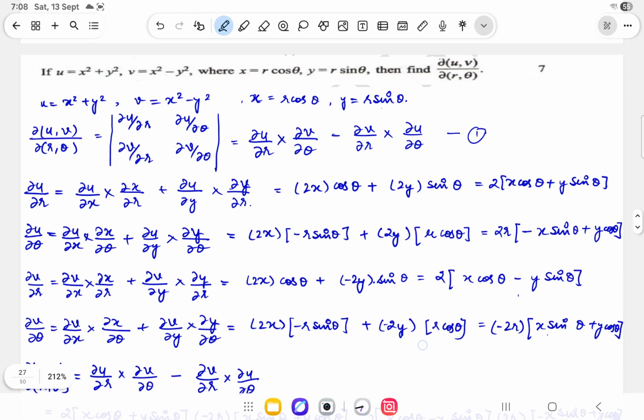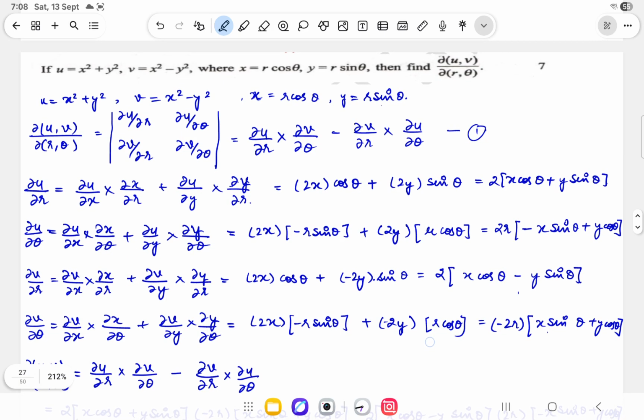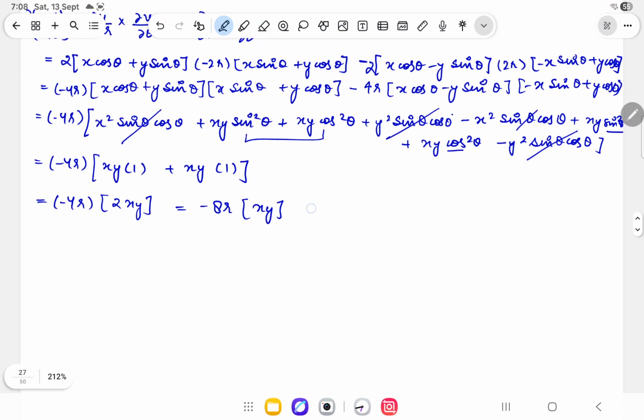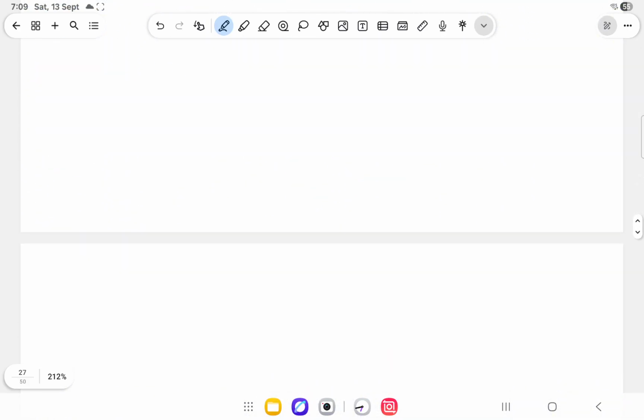I can eliminate x and y by putting the values of x and y, that is r cos theta and r sin theta. So I got it as minus 8r cube sin theta cos theta. So this is my final answer. So let's move on to the next question.